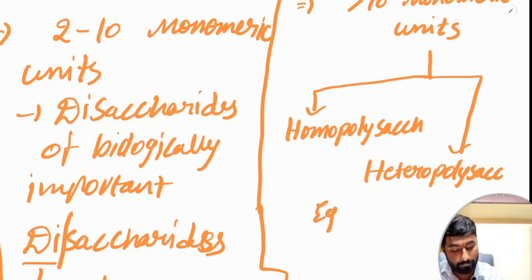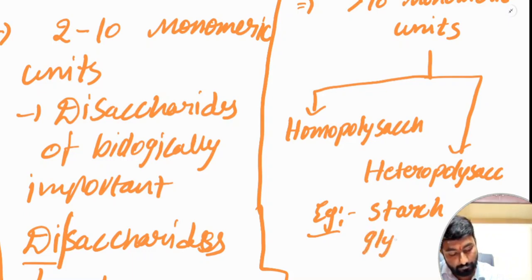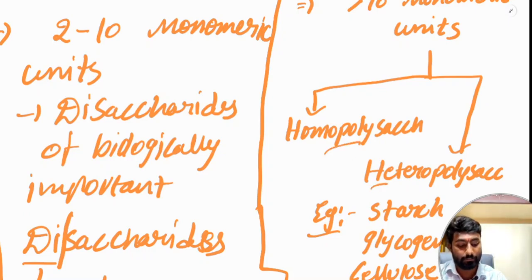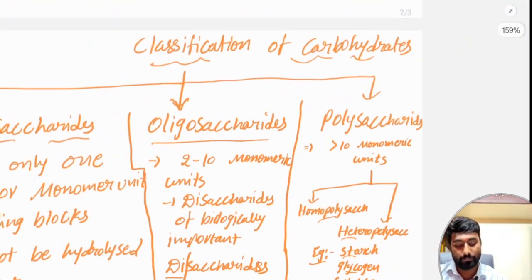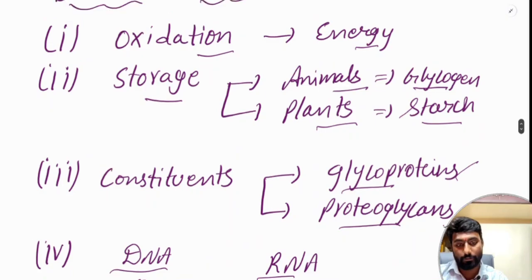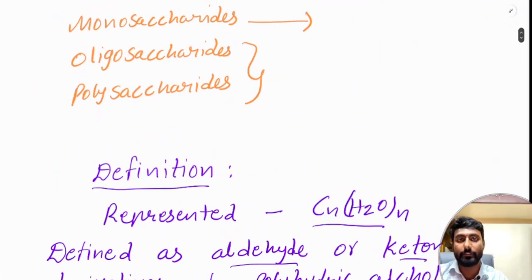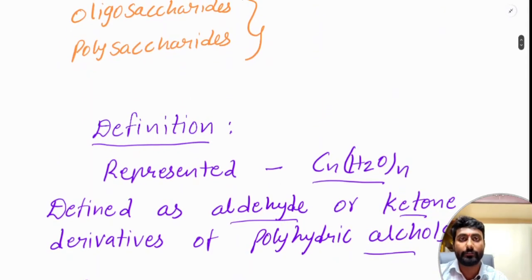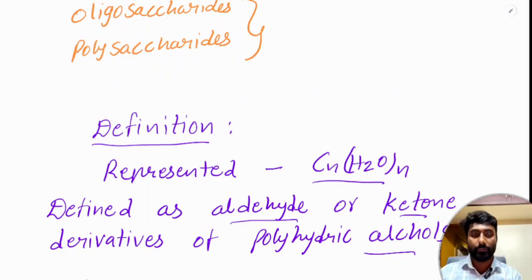If you take the examples, your starch of plants, glycogen of humans, and cellulose of trees. All these are polysaccharides. So this is all about your definition, biomedical importance, and classification, students. We will see the monosaccharides, oligo and polysaccharides in the next class. Thank you.